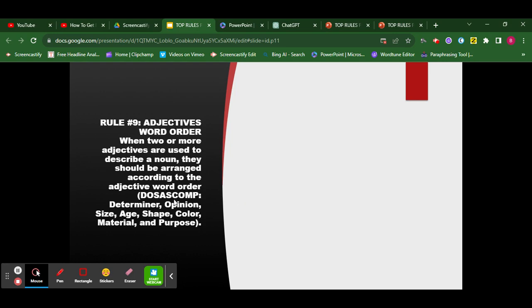This I call DOSASCOMP. D stands for determiner, O for opinion, S for size, A for age, the second S for shape, C for color, O for origin, M for material, and P for purpose, okay.